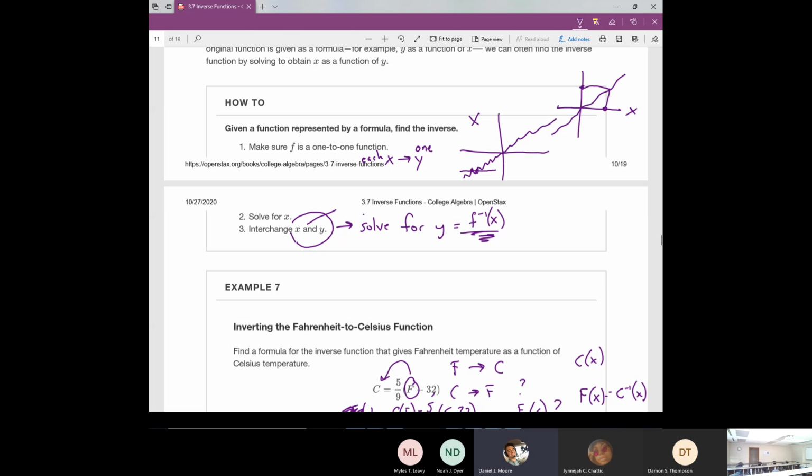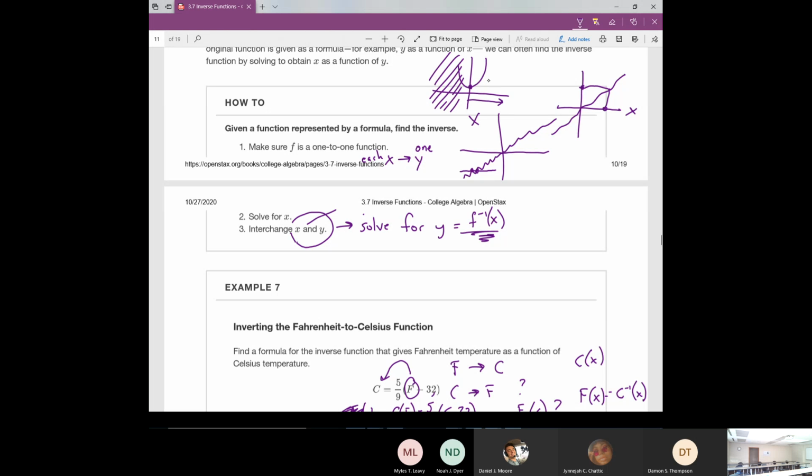And if it was like a circle drawn on the graph, then that would be a no. Parabolas are not one-to-one, unless we say we're only going to look at the parabola on this side of the graph and ignore anything on this side. We can say a parabola is one-to-one on this side. Or you can do the same thing here. You can say it's one-to-one if I throw away this part of the parabola.